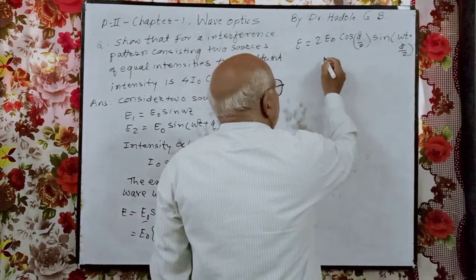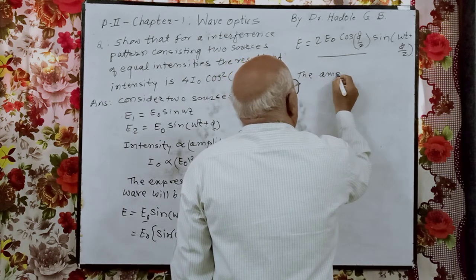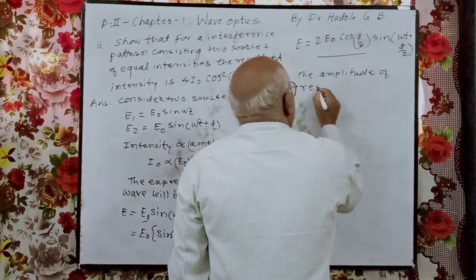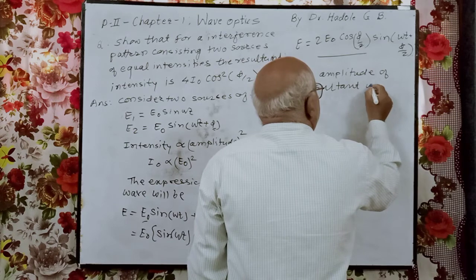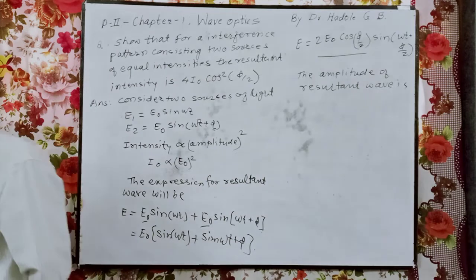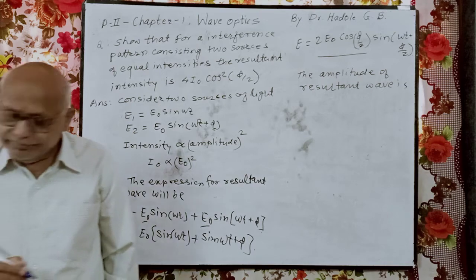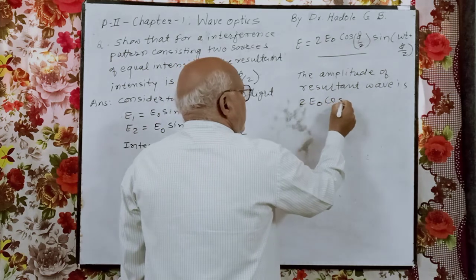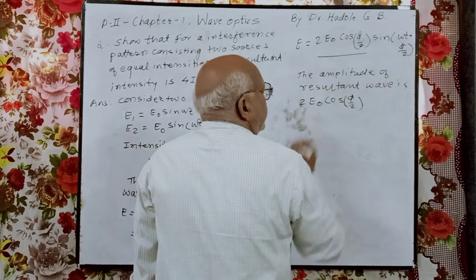Now, the amplitude of the resultant wave is twice E0 cos of phi by 2. It means this is the amplitude.